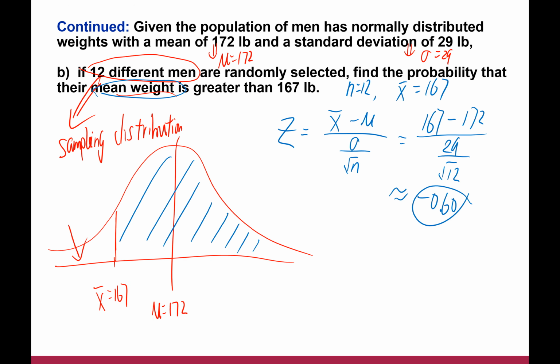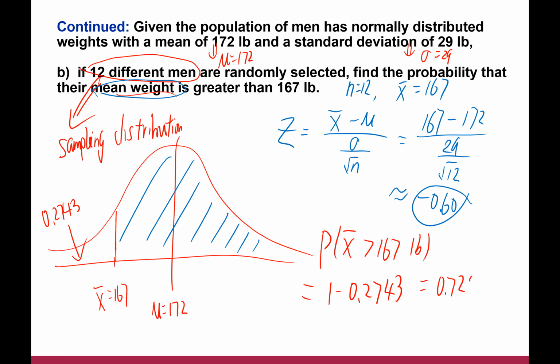Look for the area to the right. So the probability for sample mean greater than 167 pounds equals 1 minus 0.2743, which is 0.7257. So this probability is a lot higher, meaning we have a much better chance. For 12 different men, the average weight being greater than 167 pounds has a much higher chance.